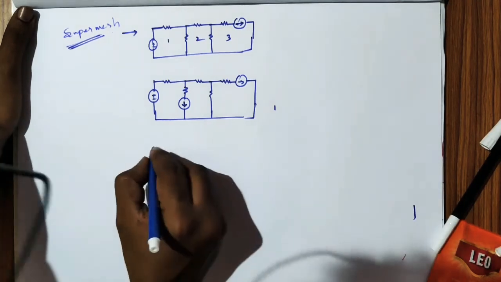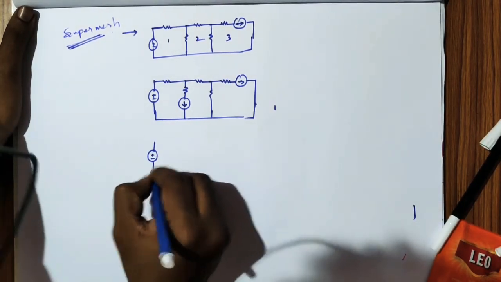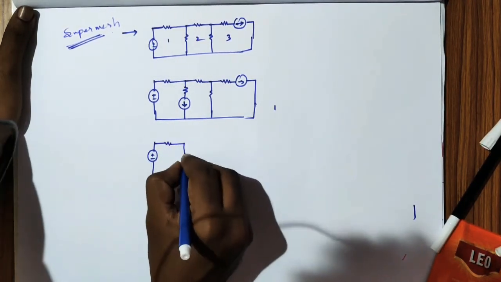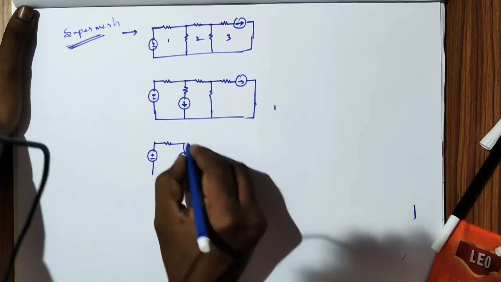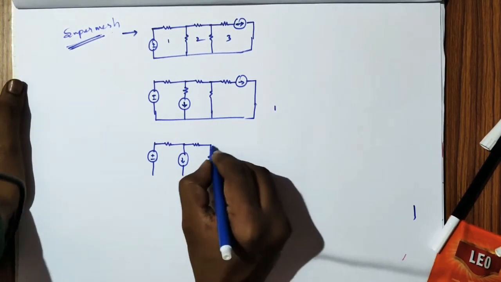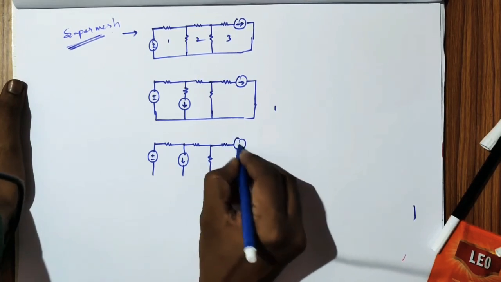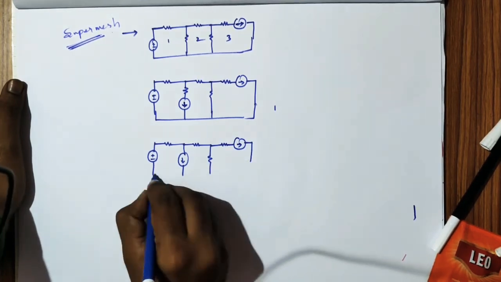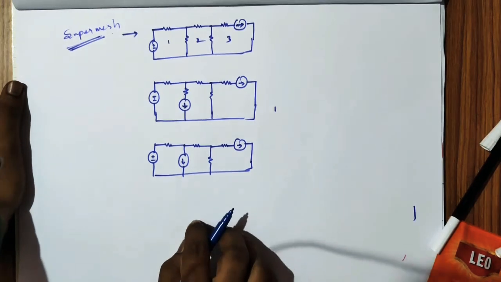And I want another circuit as well. These are the different circuits I am giving you to justify what the super mesh is.